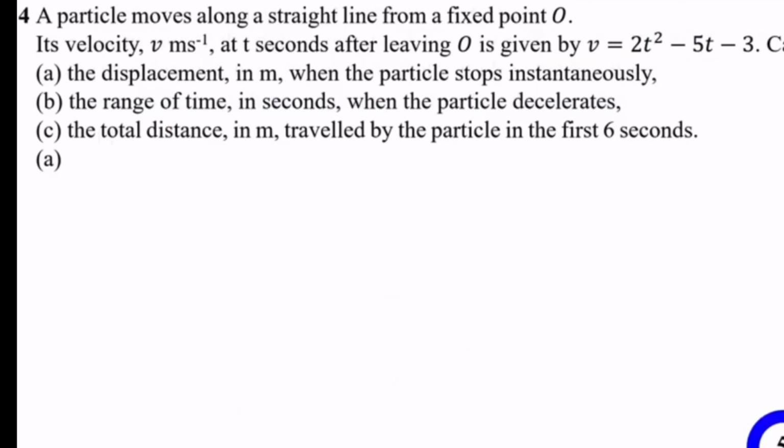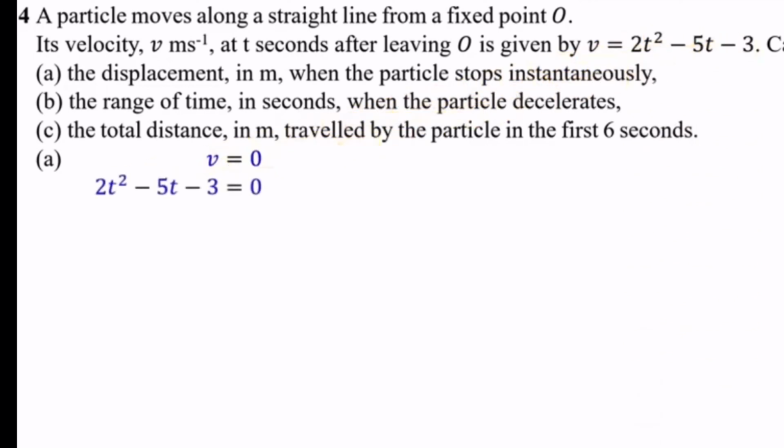Now let's proceed to the next question. A particle moves along a straight line from a fixed point O. Its velocity v meters per second at t seconds after leaving O is given by v equal to 2t squared minus 5t minus 3. Find the displacement in meters when the particle stops instantaneously.